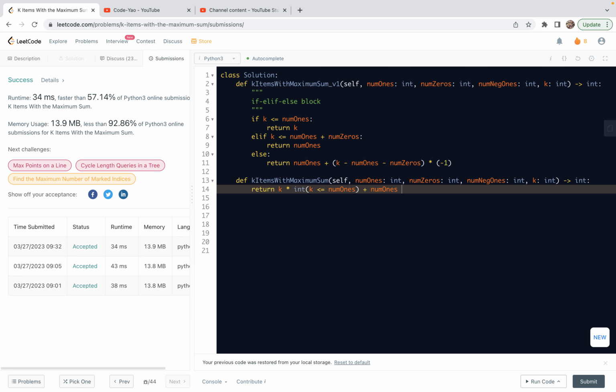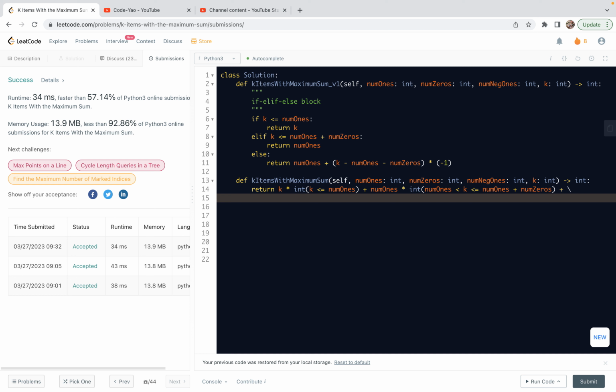So for this interval, this corresponds to whether k is greater than num1s and less than or equal to num1s plus num0s. Then we're going to return this number, right?